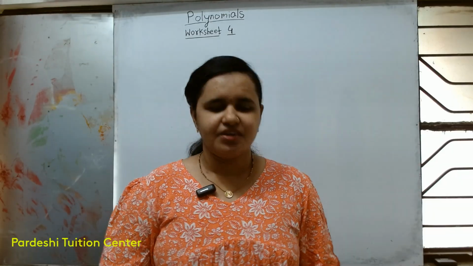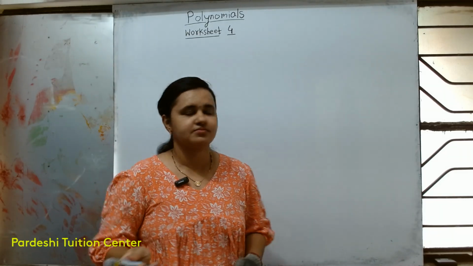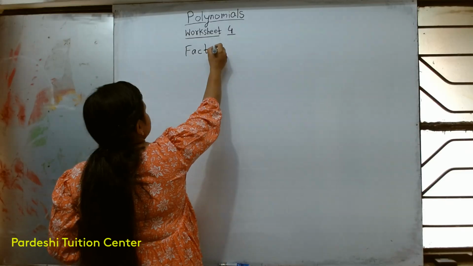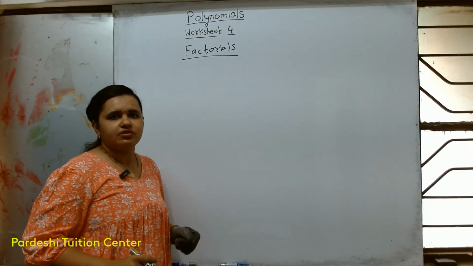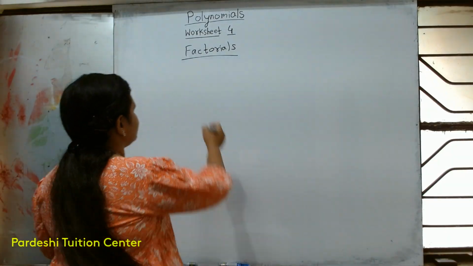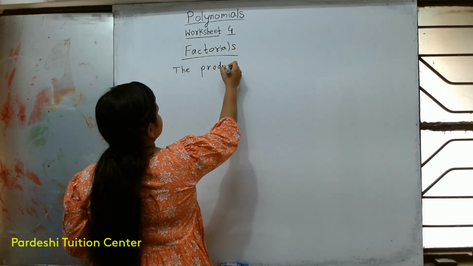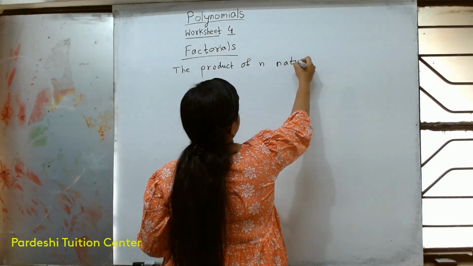Now, we will start the factorials first. So, factorials, what are factorials? It is the product of n natural numbers.